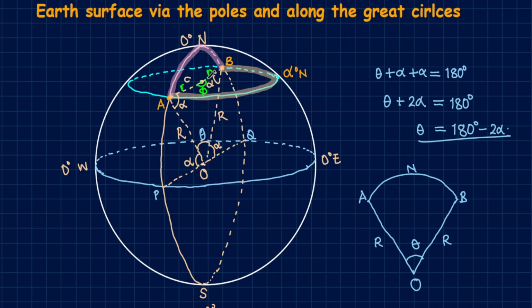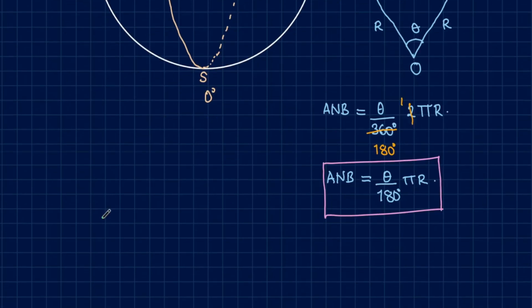Now, what we have to do is to get this and give it over 360 degrees from here. We also apply the same formula to get that. So let's do that down here. And we say, for us to move from A to B in the Eastern Hemisphere, we need the angle phi over 360 degrees times twice pi small r.